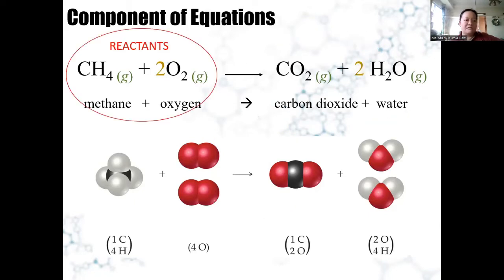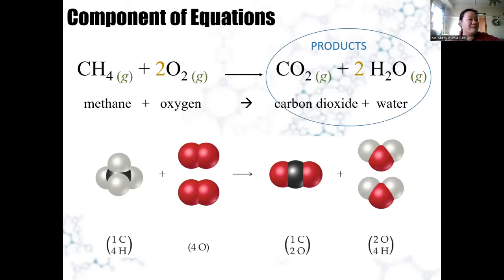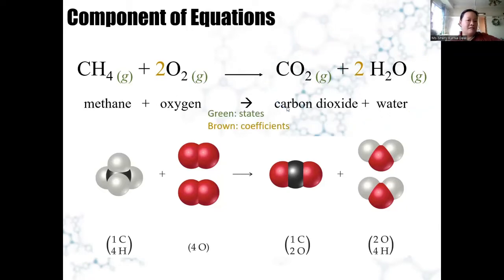This is the reactant, this is the product. The amount of each atom between reactant and product should still be the same. And then this is the coefficient, the yellow one, and this is the states. Okay, green is the state, brown is the coefficient. Okay.